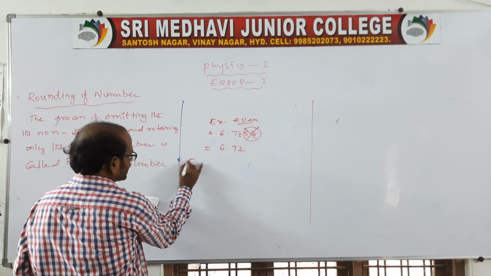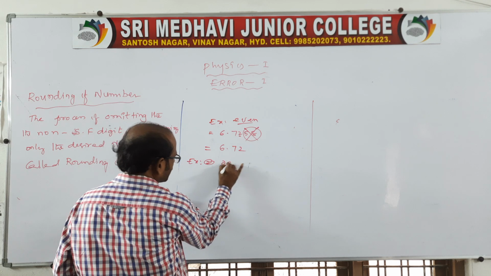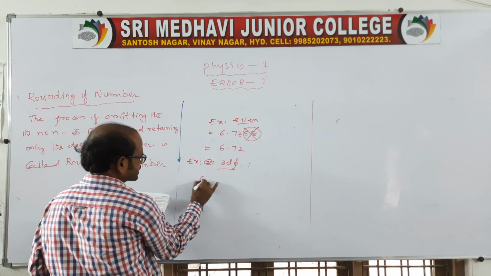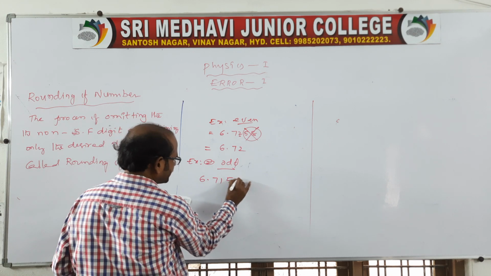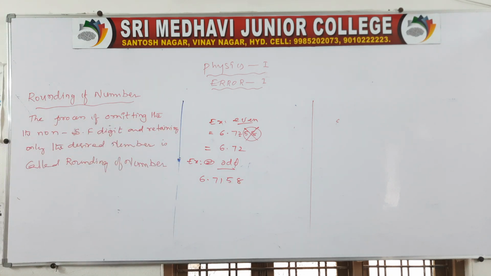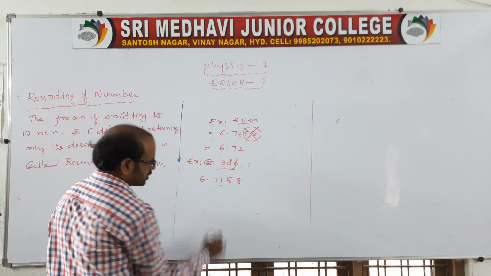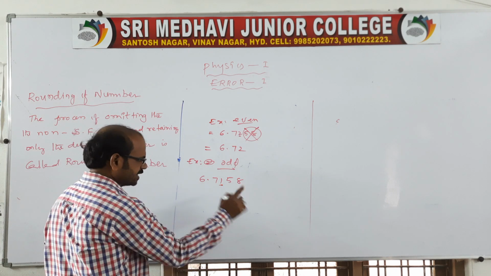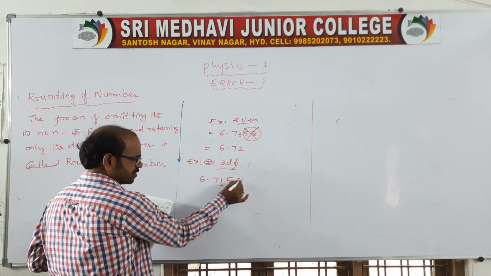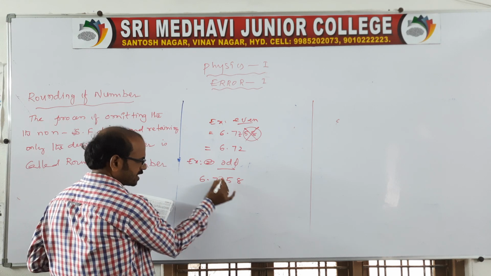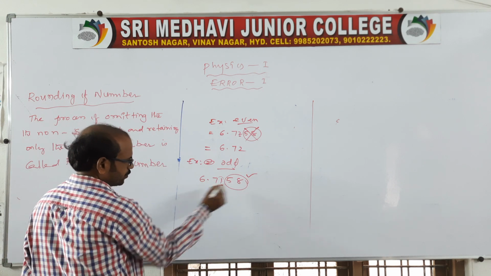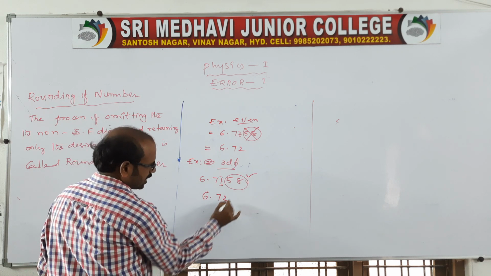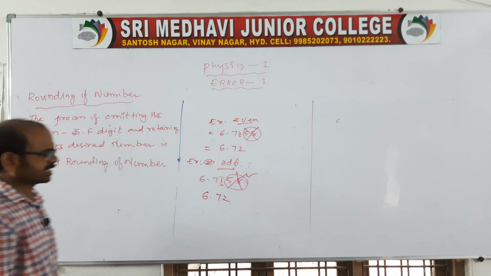Suppose odd numbers are given, in contrast to the even number. If you take a second example, if the preceding digit is odd, like 6.7158, see, the preceding number is odd. So what happens here is that 1 is to be added and the rest is to be omitted. So 6.72, and the rest is removed, which we call rounding.